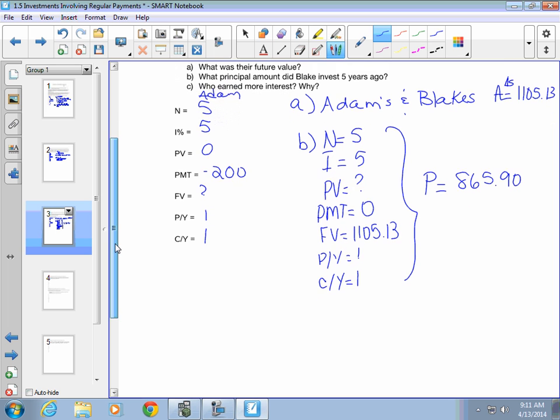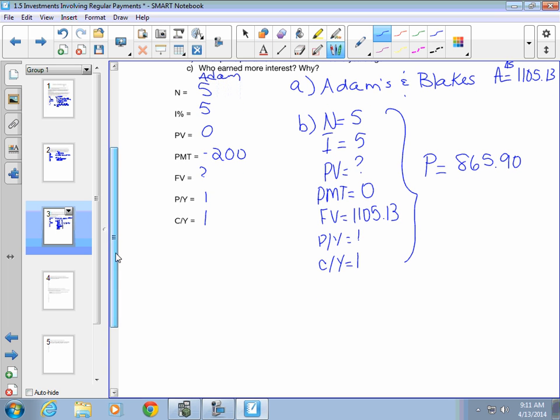So C says, who earned more interest and why? So if we take a look at Adam, his own investment, so he had 5 years and he invested $200 a year.